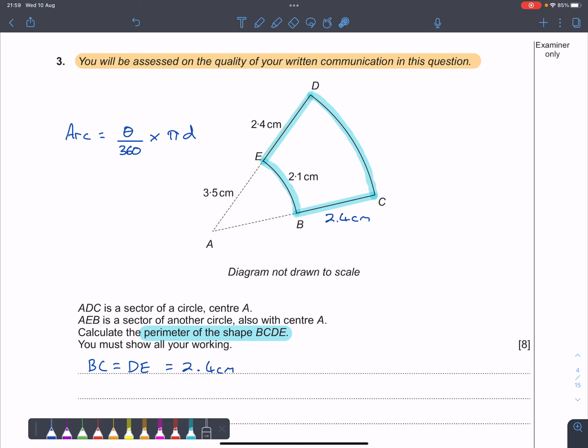So I'm going to write that down. AD, which is the larger radius, is 5.9 centimeters.